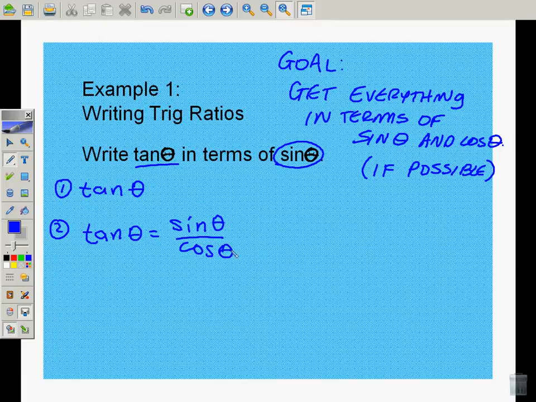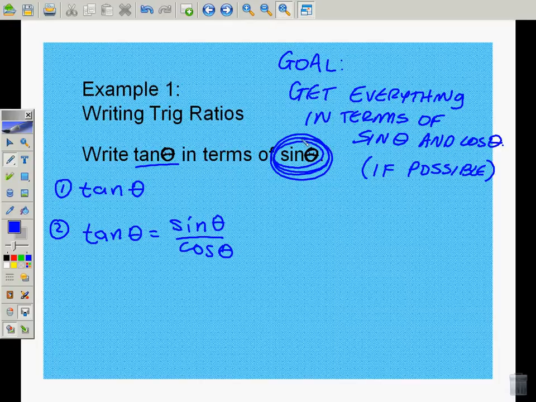Now, I now have two pieces that were once one. That's okay though, because I'm closer to sine. Remember, I'm writing it just in terms of sine. I'm closer now because I have no more tangent. So now I'm working with this. Let's recall, if I'm going to try to write it in terms of sine, this part is good up here. So I'm going to bring this over.